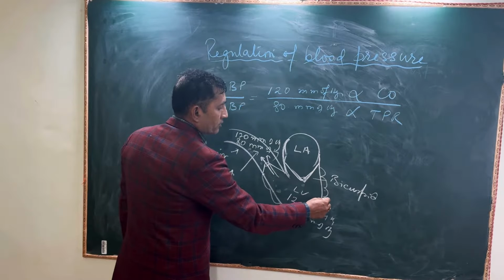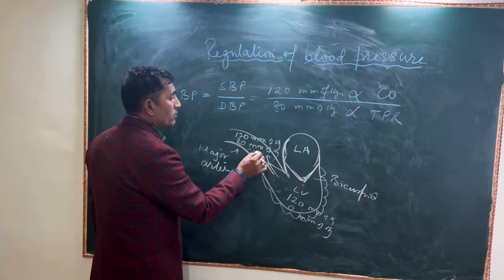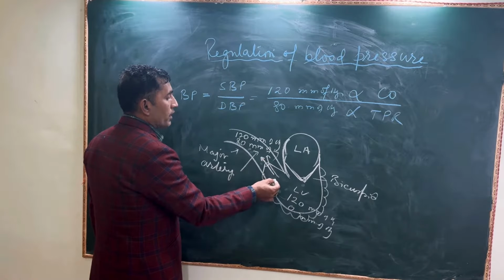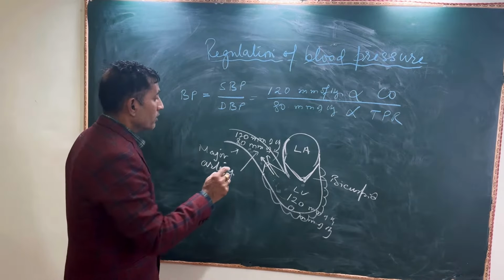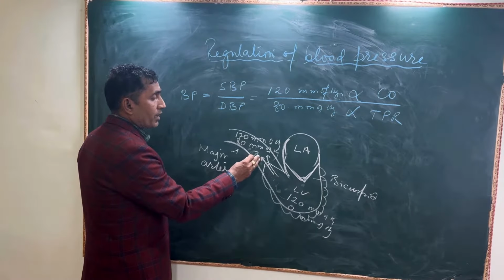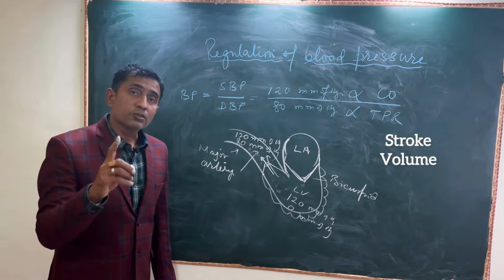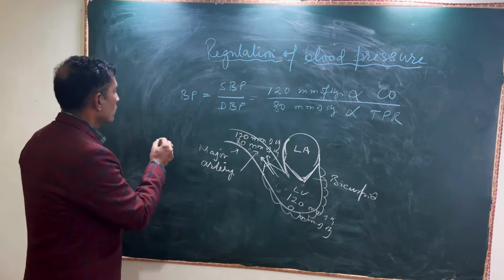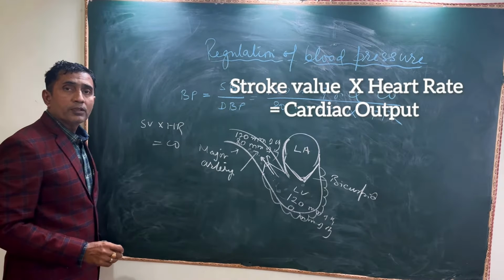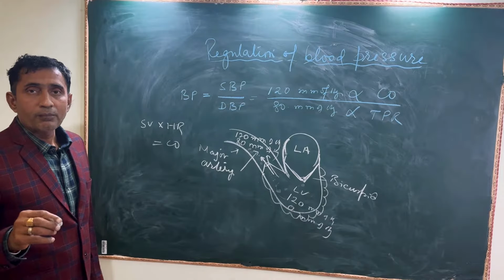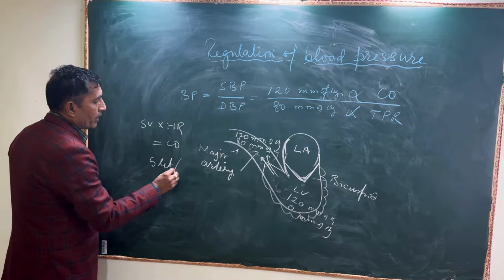When there is a contraction of the ventricle, the blood is ejected, and the amount of blood ejected by either the left ventricle or the right ventricle is called stroke volume. Stroke volume multiplied by heart rate is cardiac output, which comes in liters per minute, and the normal value is 5 liters per minute.